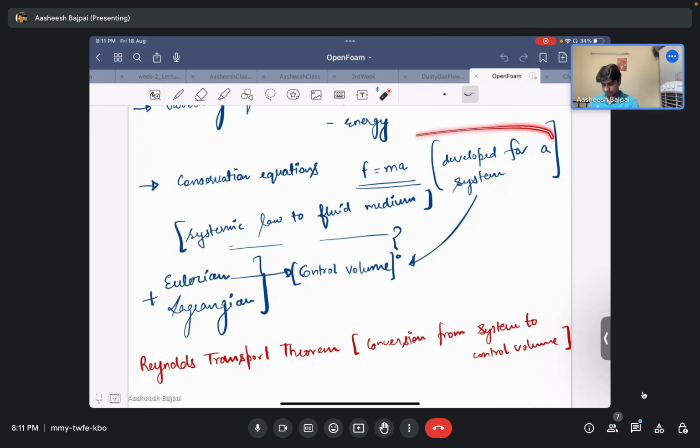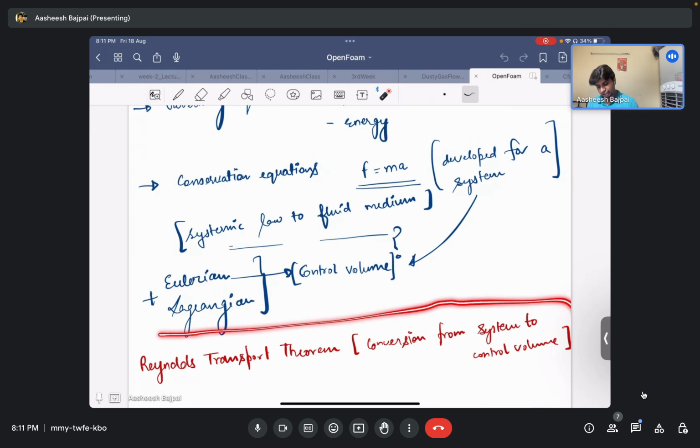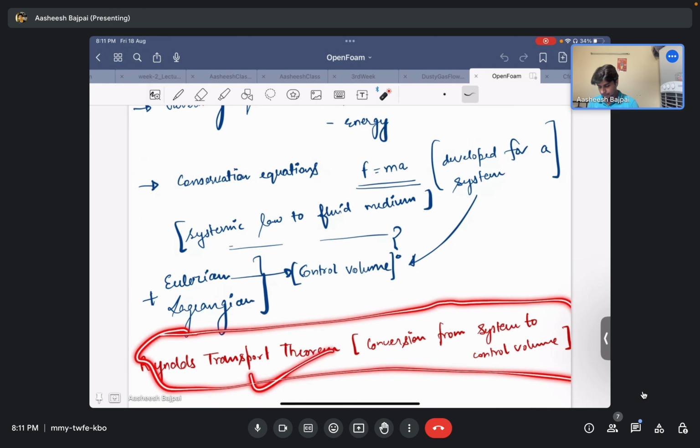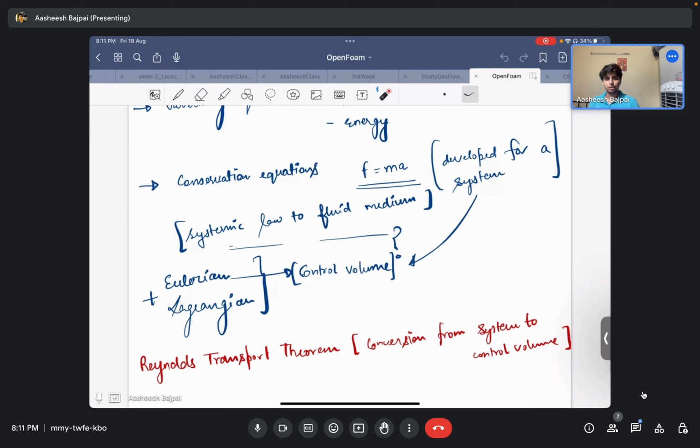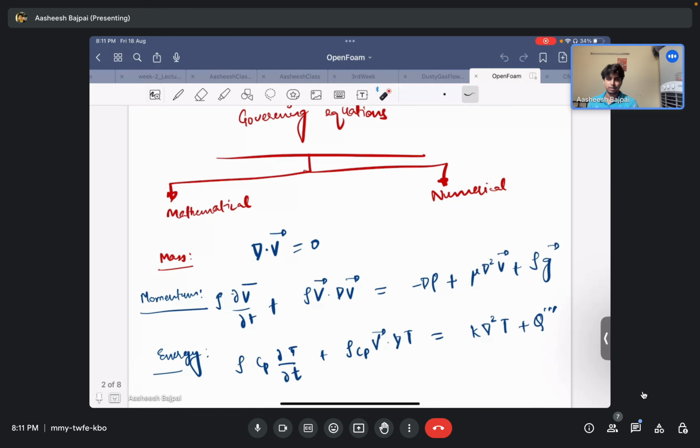I hope everybody remembers the Reynolds transport theorem, which I explained in the first class, and why we use it. The Reynolds transport theorem is used to convert the system or Lagrangian equation to Eulerian equations, and there are two types of governing equations.